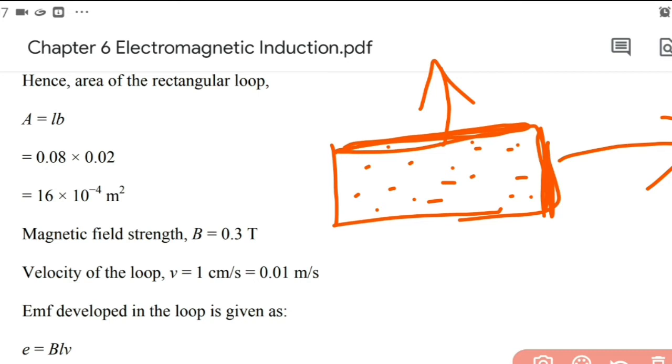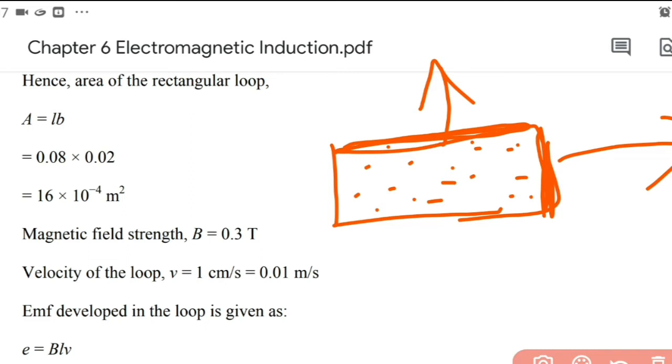So in the first case, when it is dragged perpendicular to the longer side, in the equation BLV, the length becomes 8 cm, and in the second case, when it is dragged perpendicular to the shorter side, the length becomes 2 cm.